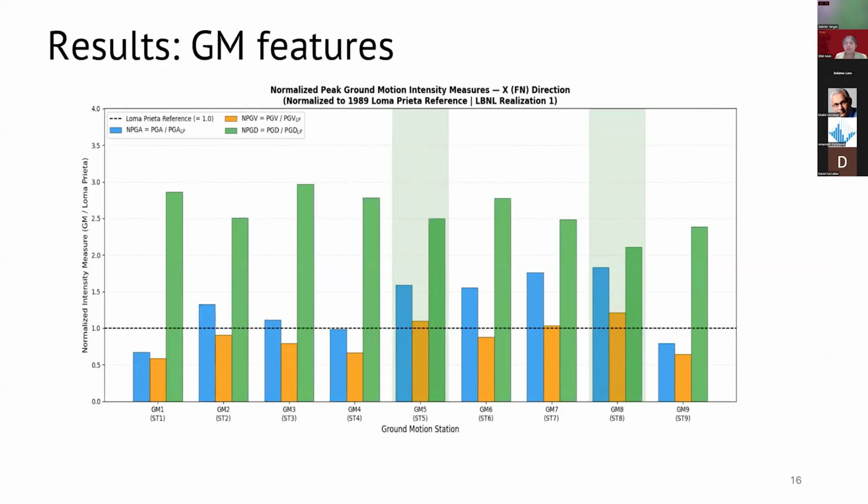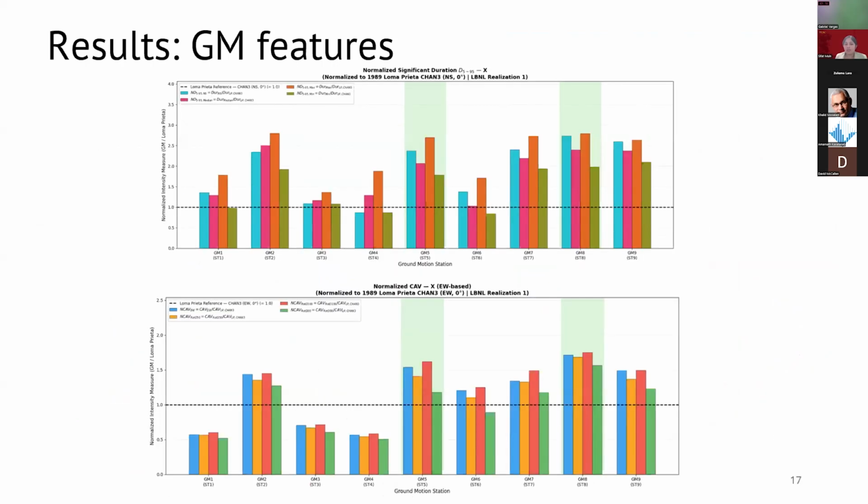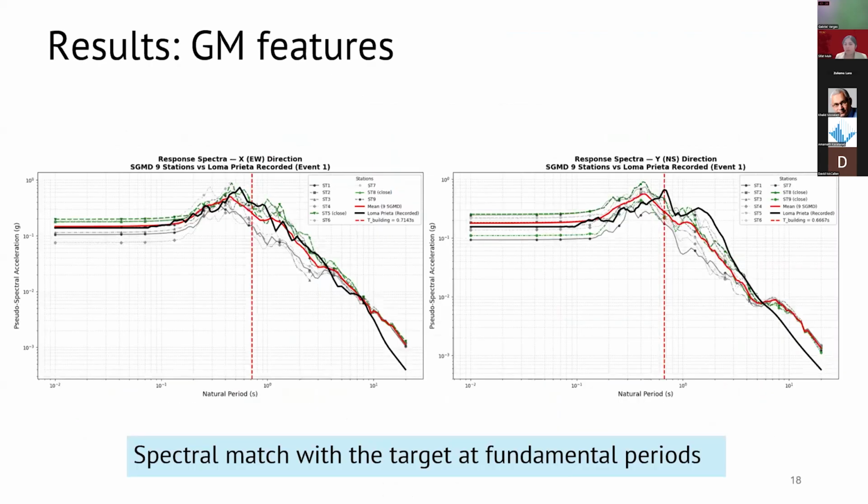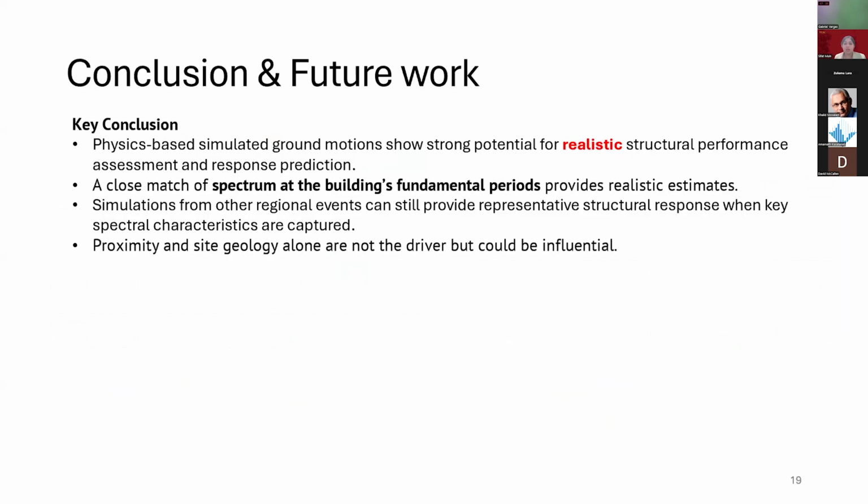Right now, we did look at PGV, PGA, PGD, significant durations. We are yet to find any specific pattern, but we are looking. But when it comes to spectral matching, definitely near the fundamental periods, if we can match them from the SGMD, it is going to give us good estimates.